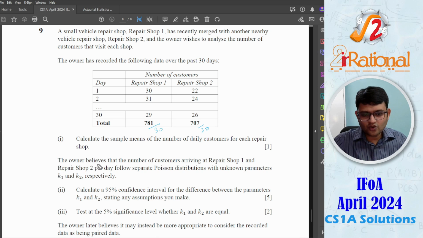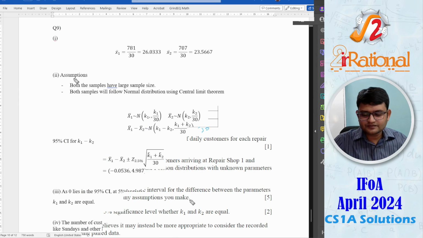Then next, the owner believes the number of customers arriving at repair shop 1 and repair shop 2 per day follows separate Poisson distribution with the unknown parameter K1 and K2 respectively. Second part, calculate a 95% confidence interval for the difference between the parameters K1 and K2, stating any assumptions you make.